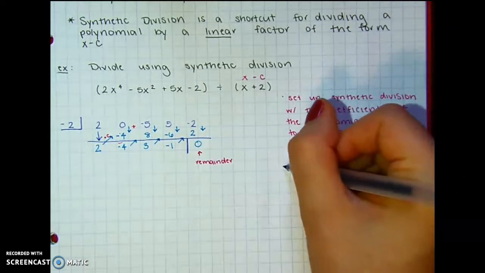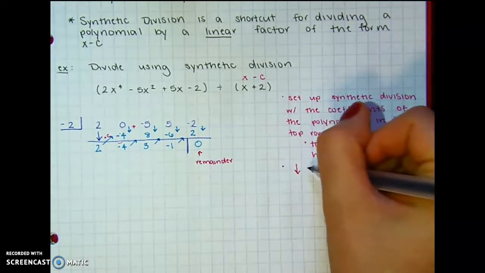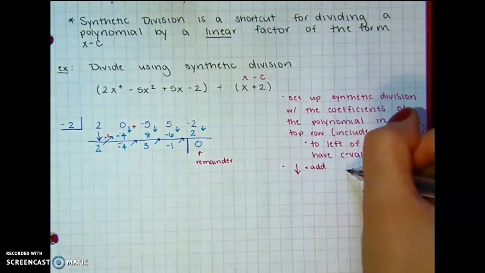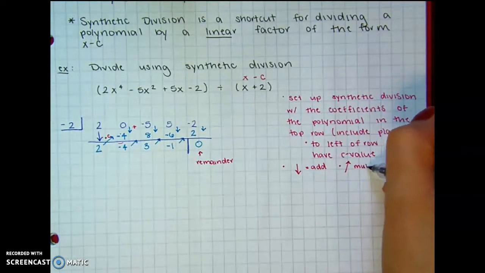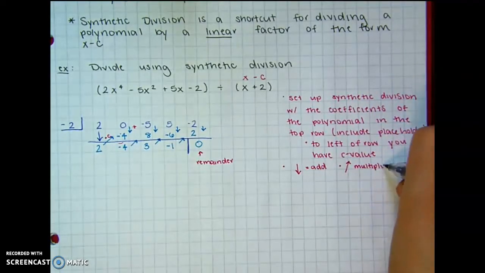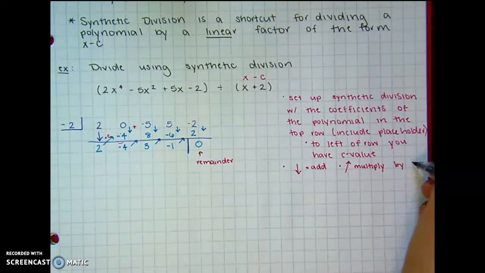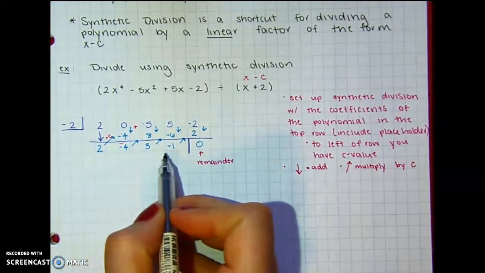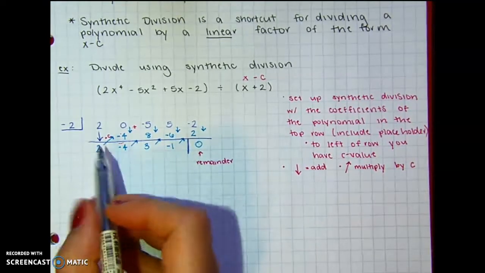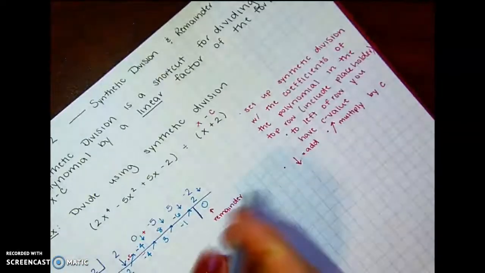So when you go down, it means you're adding, and then your arrow going across is multiplied by c. Okay. These numbers are the coefficients of your depressed polynomial.